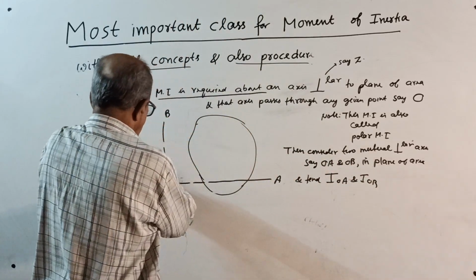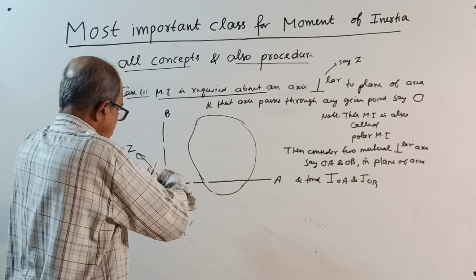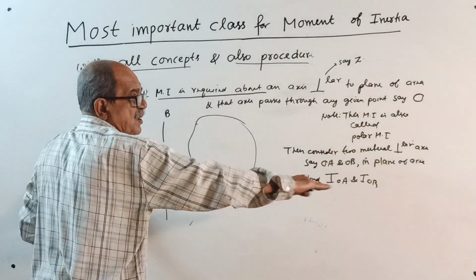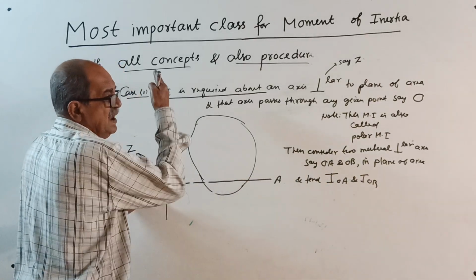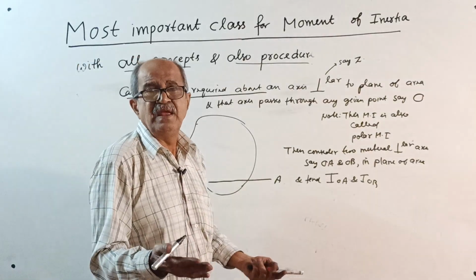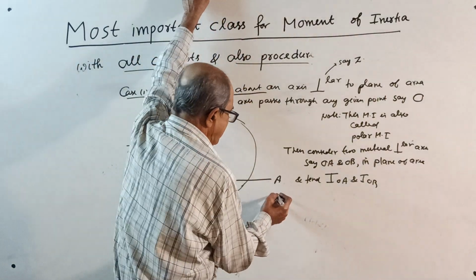If they want about this axis, you draw one horizontal axis, OA, any name, and OB, it is not XX, YY, random name.